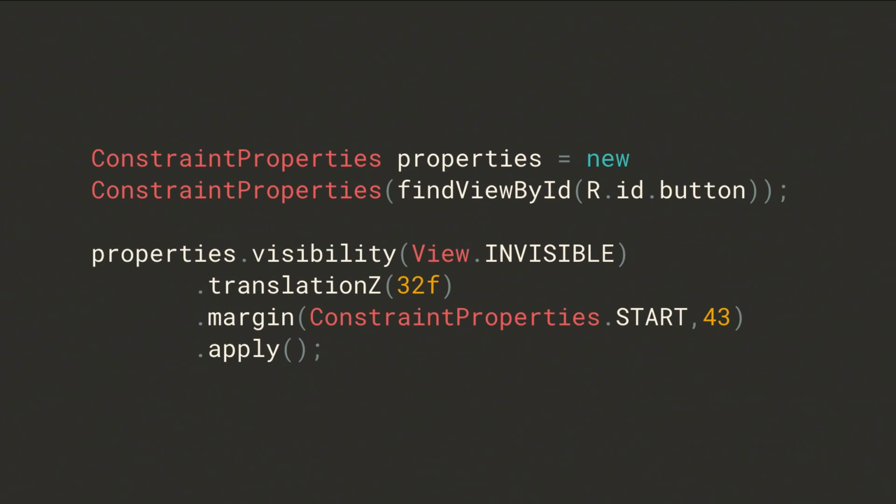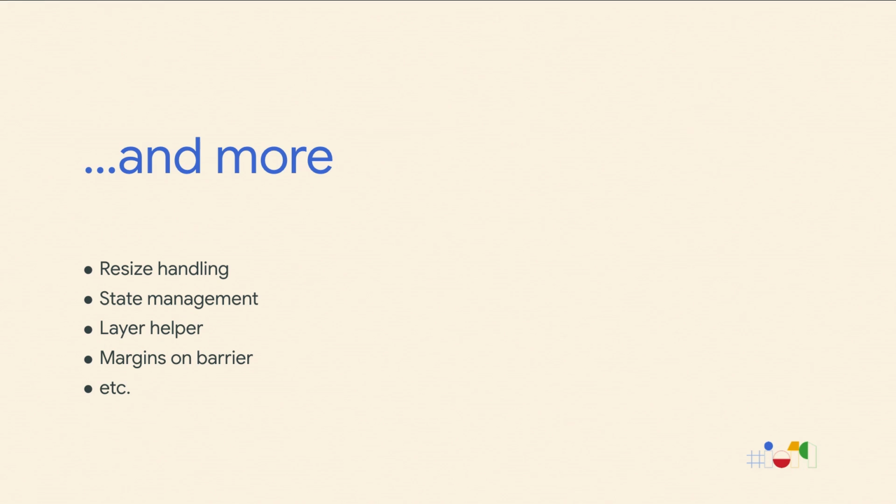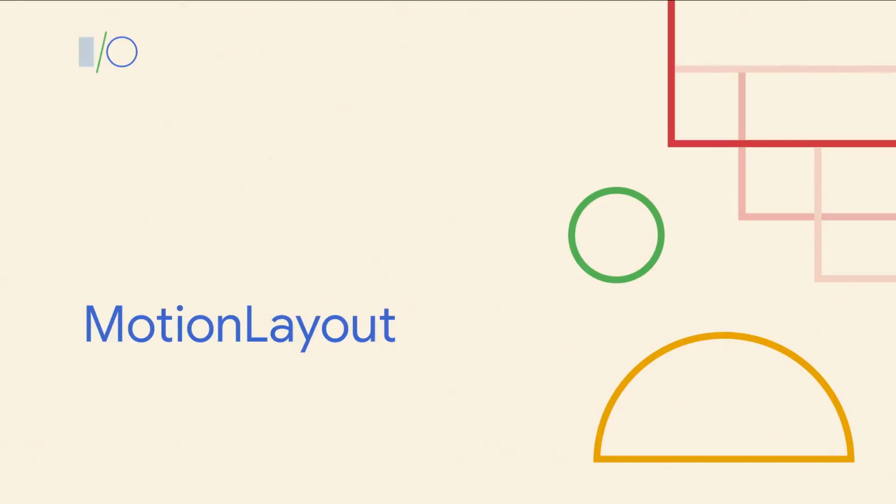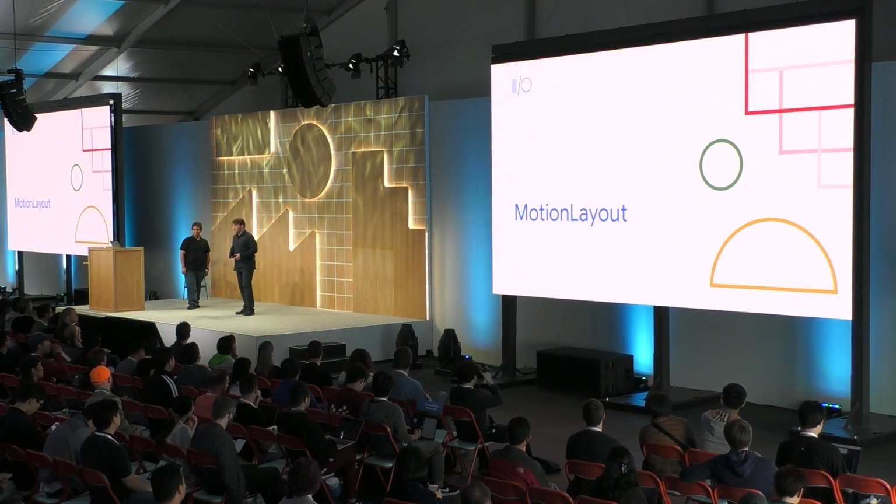We have a new API that, instead of you having to manually go and modify layout params, provides a fluent API that lets you change them and will do the right things in an efficient way. And there is more. There's more stuff I'm not going to cover too much, but we handle on-the-fly resize handling, state management. We even added margins on barriers recently. So there's a lot more stuff. But really here, what I'd like to talk about, and I'm going to hand over to John, is motion layout.